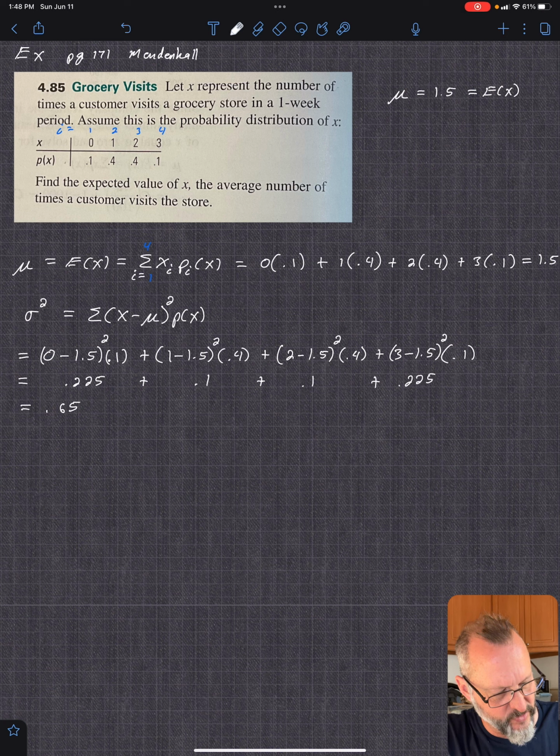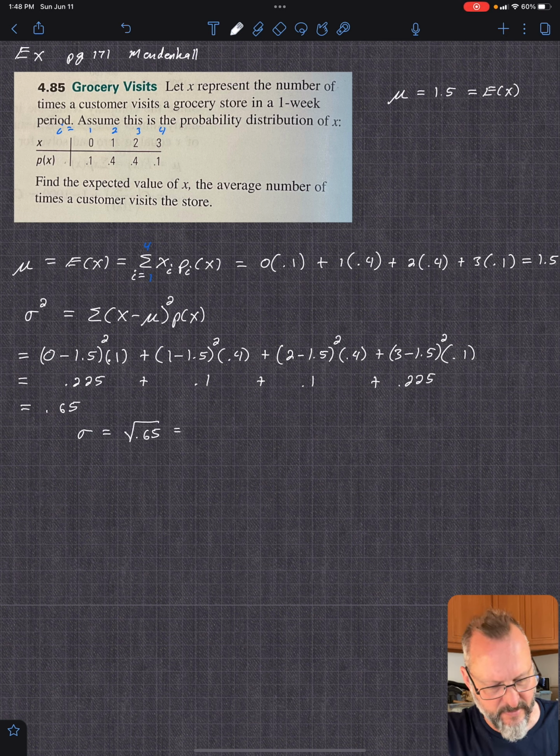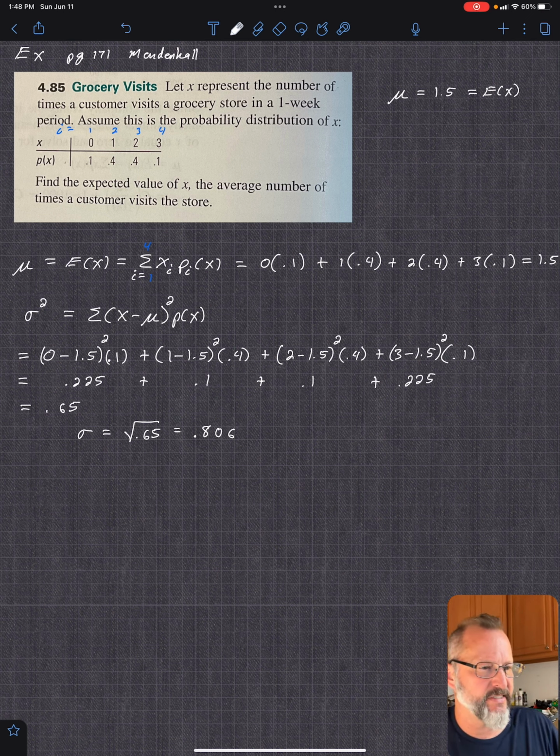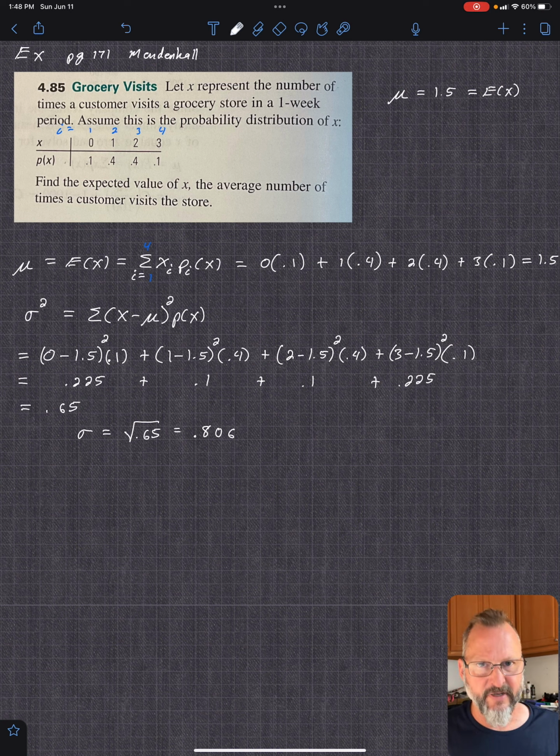So you take the square root of that. Let's try that again. So sigma is the square root of 0.65, and you get 0.806. All right, so that's the standard deviation of x, so it's how spread out x is.